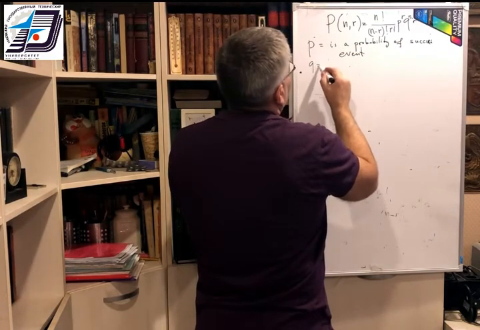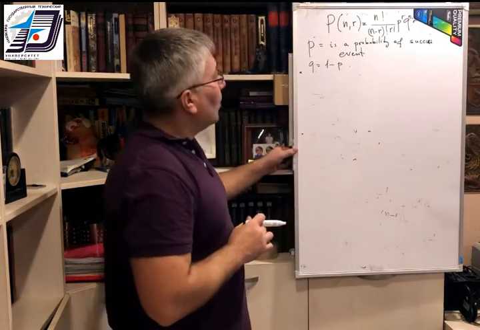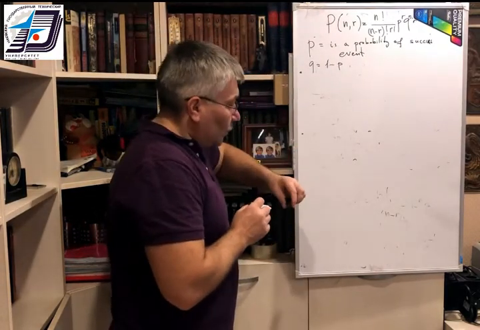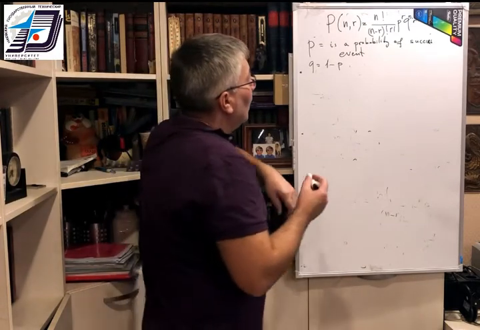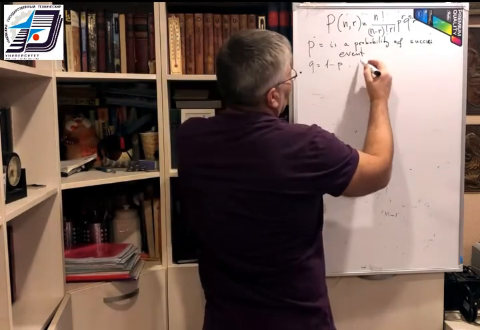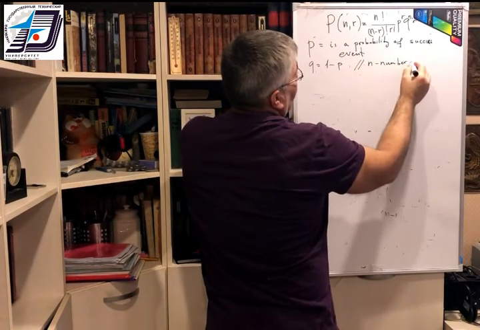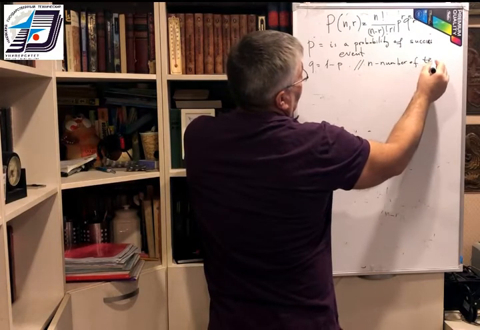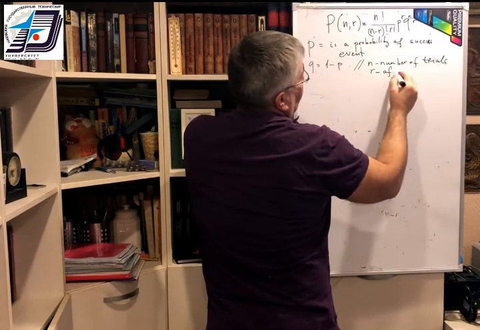Q usually is 1 minus p, because we have to satisfy the axioms of probabilities. And n is the number of trials, and r the number of successes.